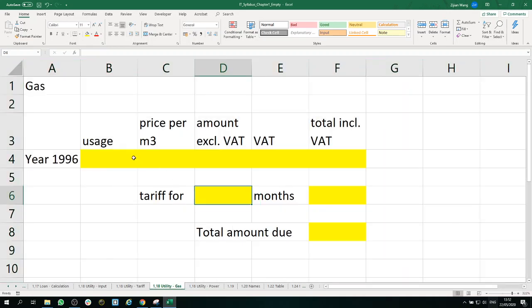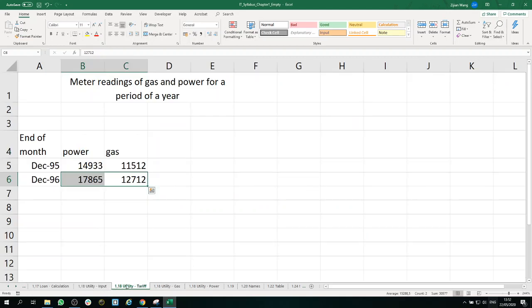Alright, now it's time to look into the answers. So first we want to see how much gas did we use in 1996. So if we go back to the other sheet, we will find out in the tariff sheet we have such data.